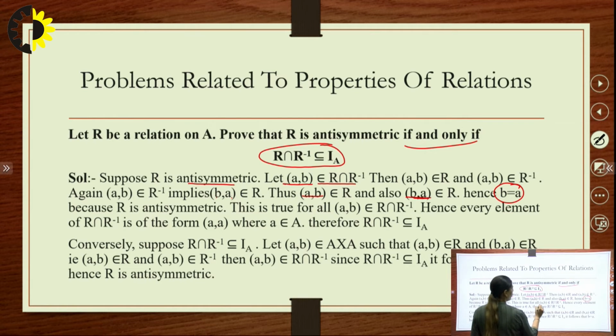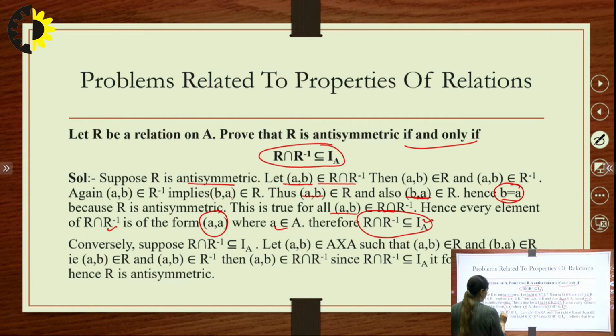This is true for all (a, b) present in R intersection R inverse. So every element will be of the form (a, a), because we have proved that b is equal to a. That means instead of b we can write a, where a belongs to A. Therefore this is a subset of the identity relation on A.